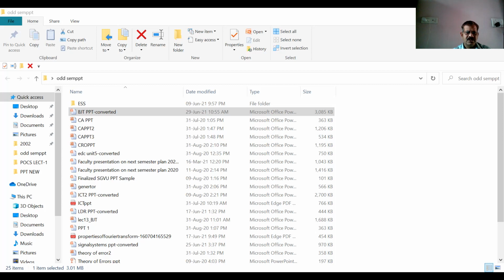Simplify this equation and we find the value of IE equals IB upon 1 minus alpha plus ICBO upon 1 minus alpha. So IE equals 1 plus beta into IB plus 1 plus beta into ICBO.